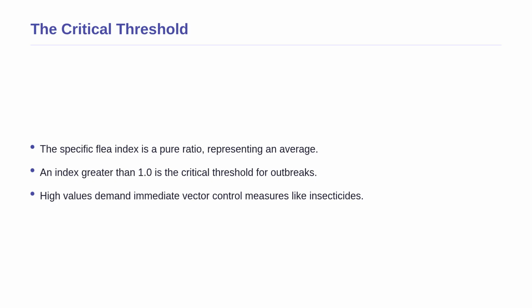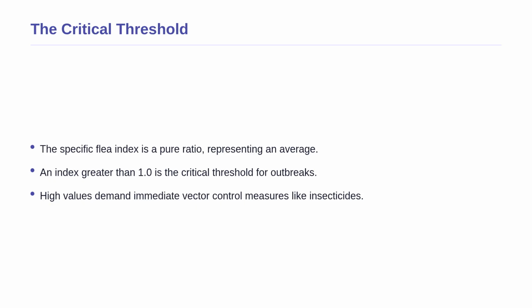So, we have calculated an index of 1.7. But what does that number actually mean for the people living in that village? The specific flea index is a pure ratio, an average count. In epidemiology, a specific flea index greater than 1.0 is traditionally considered the critical threshold for a potential bubonic plague outbreak.